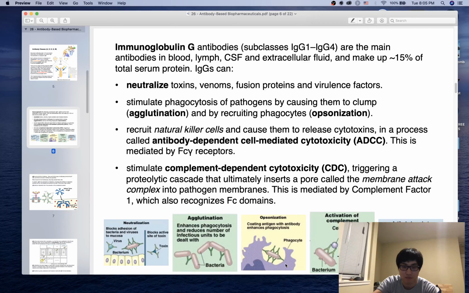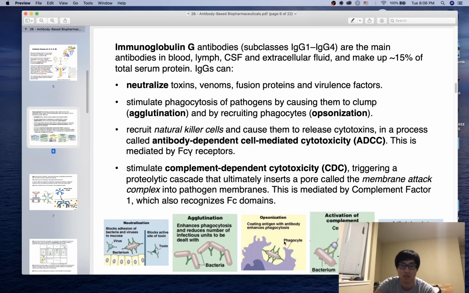Or this time you have Fab binding here, and the phagocyte also recognizes the Fc domain, so it can be recognized and then engulf the entire thing. In this case, I'm not so sure, but for neutralization, only Fab or Fab prime could be good enough, because it just needs the interaction.